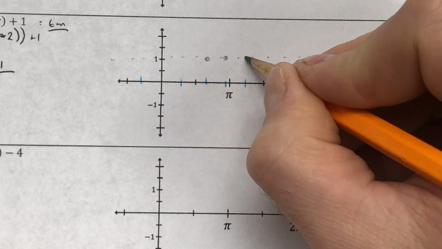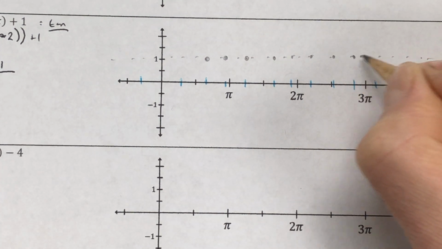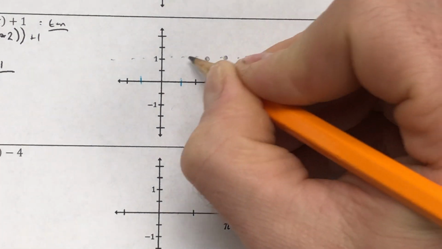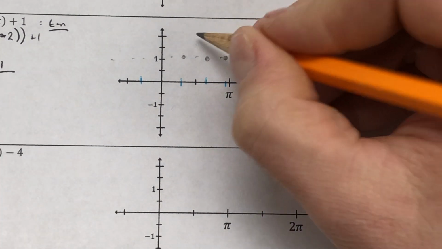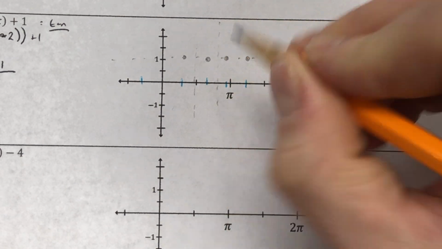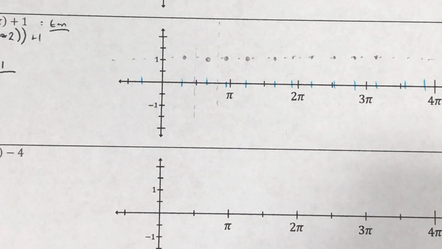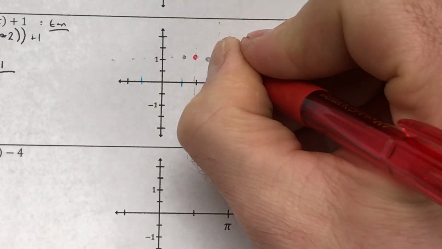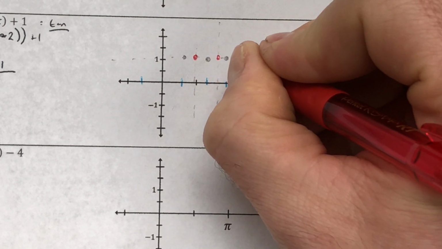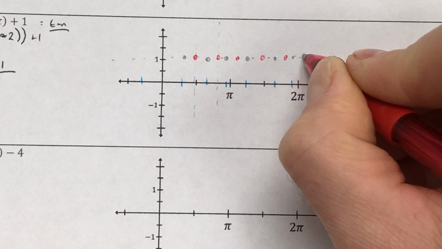I know every one of these things, there's going to be a 0. And between them, I'm going to have an asymptote. So I don't really need to draw too much of those. I know I'm going to swap my asymptotes. So in between each one of my previous points, this was an asymptote.